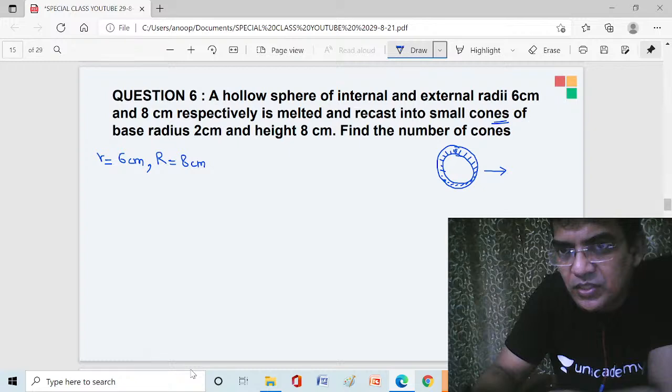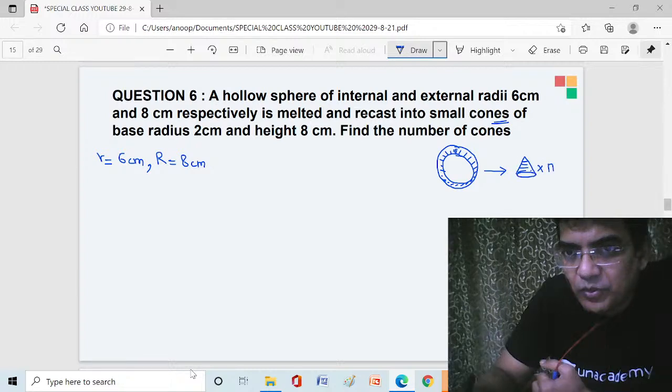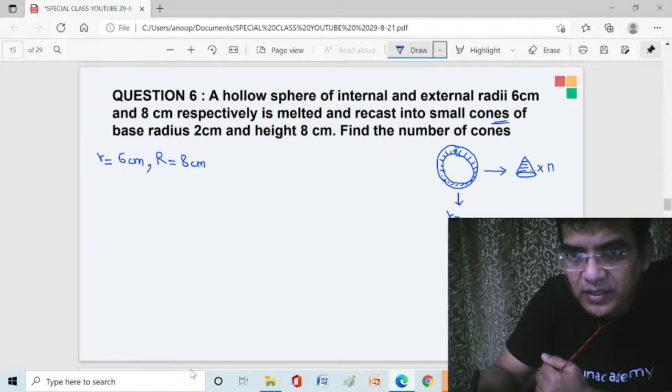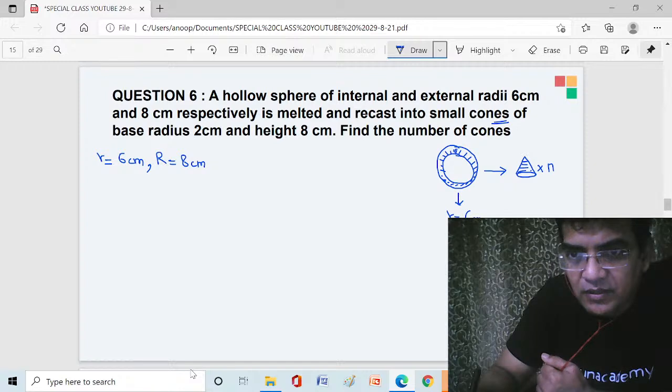So here according to this diagram, this explains that whatever will be the volume of this material in a hollow sphere will be equal to volume of these n cones. Now for this, let us see this one. Radius known to us both. Small radius is 6 centimeter and capital R as 8 centimeter.